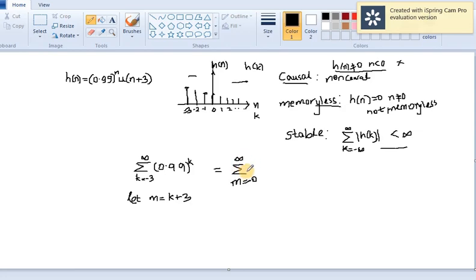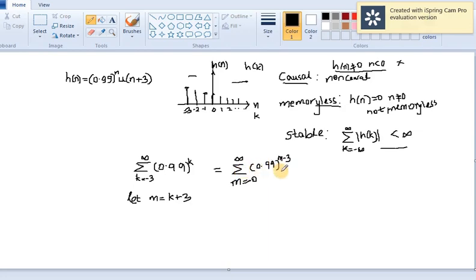So let's write it. Then 0.99 raised to this k. The value of k is given by n minus 3. So let's write this as n minus 3.